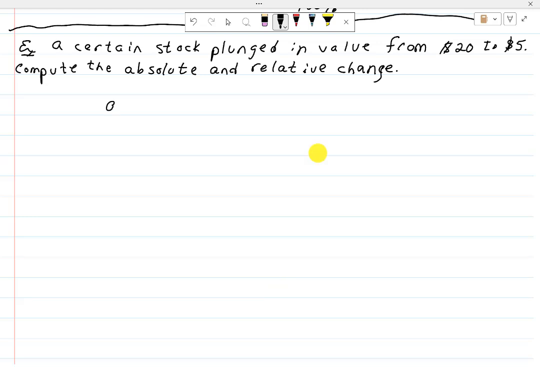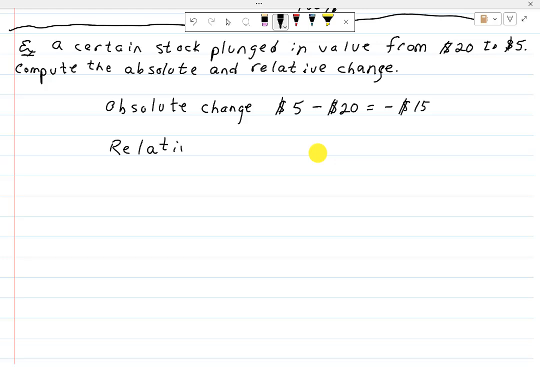So the absolute change, take the new value and subtract the old value from it. This equals negative $15. And the relative change will tell us the percentage that it has decreased in value.